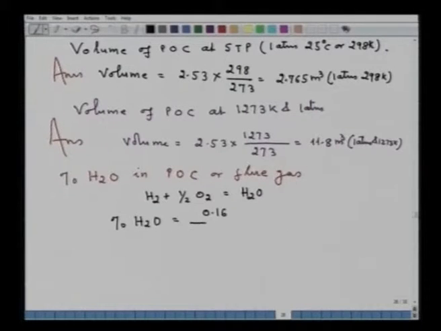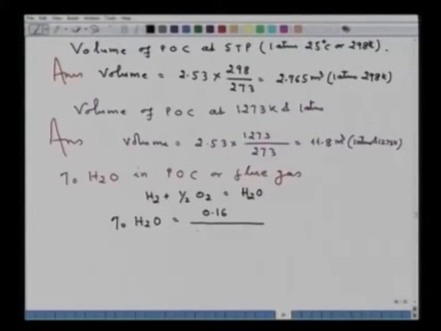Now, here we have to divide it by the total volume of POC or flue gas. So, total volume of flue gas would be dry volume plus volume of H2O. So, dry volume at 0 degree and 1 atmosphere we have determined as 2.53.